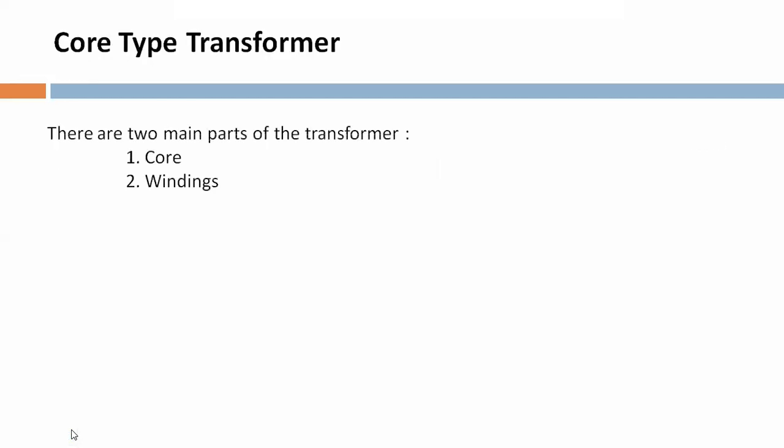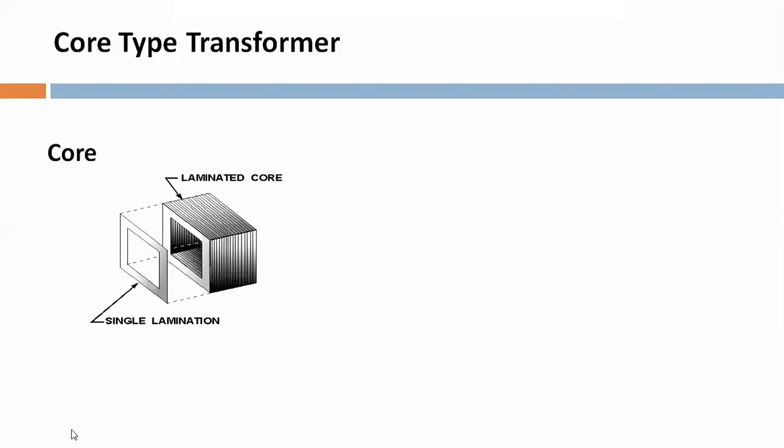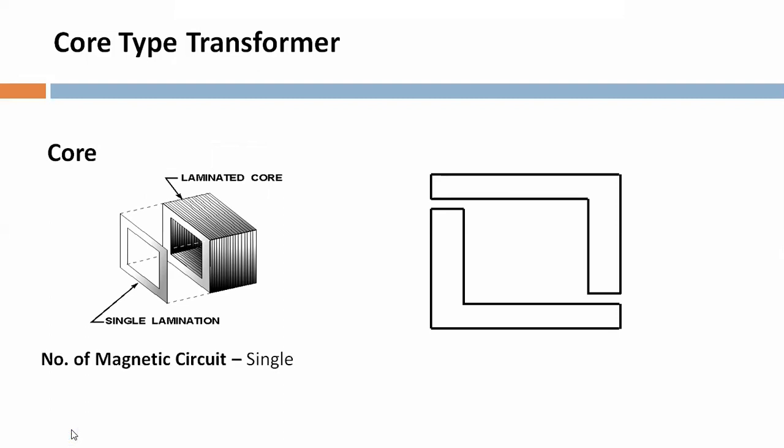Now we are discussing core-type transformer. There are two main parts of any transformer: first, core, and second, winding. This is laminated core, and in the diagram a single lamination is shown. This is the magnetic circuit.